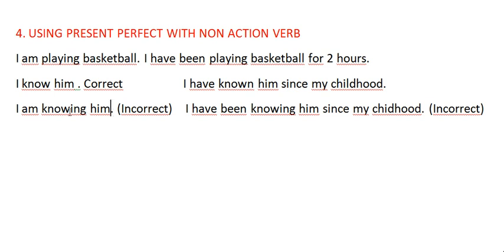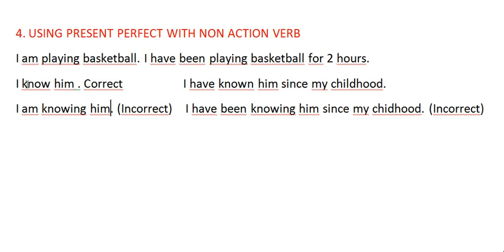So we don't use I am knowing him. We just say I know him. That's why when I say I know him, and if I want to mention how long I have known him, I am using present perfect tense, and then I say I have known him since my childhood. But we cannot say I have been knowing him since my childhood, because of the non-action verb.